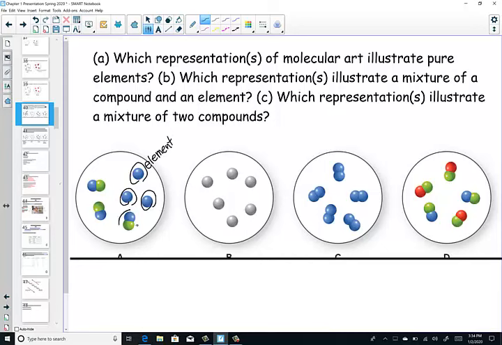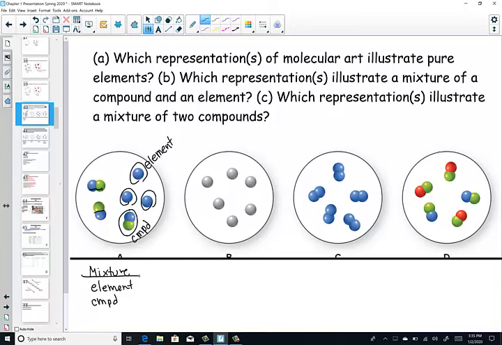And here I see a blue atom and a green atom bonded together. So this is a compound, and I have three of those. So this particular molecular art is a mixture, and I see an element and a compound in that mixture. Blending together in the same container, I see element and a compound.